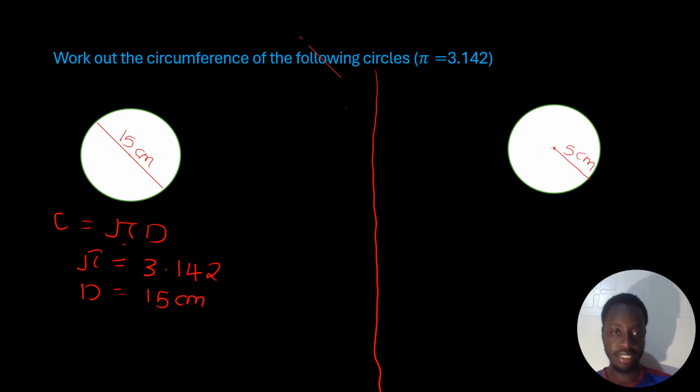So let's substitute the values of pi and d in the formula. That is 3.142 times 15.